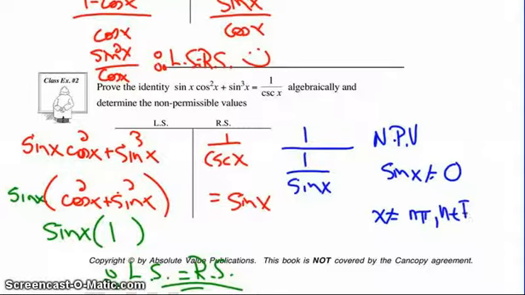So as much as when you simplify it, it's not a denominator, there is a denominator there. And so we do have a non-permissible value, and it turns out to be when sine x is equal to 0. Sine x cannot be equal to 0, so x cannot be equal to n pi, where n is an element of integers.